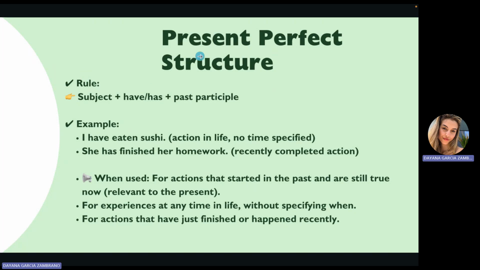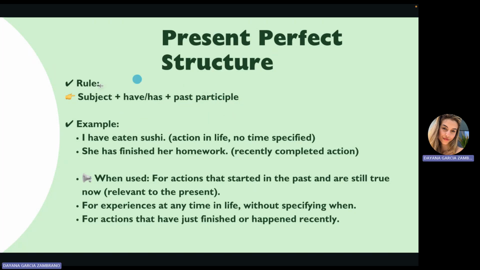The first one is present perfect, and for this one, the grammar rule is subject plus always have or has, and then past participle. A tip is that in present perfect, in past perfect, and in future perfect, we are always going to use the past participle.